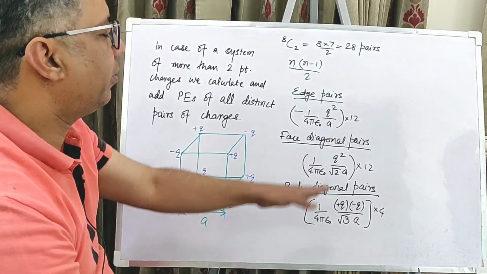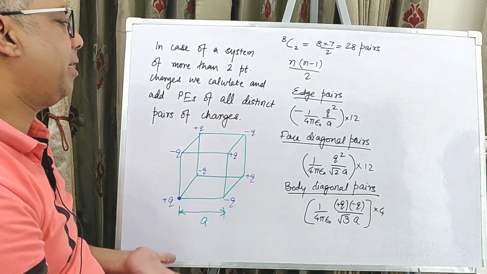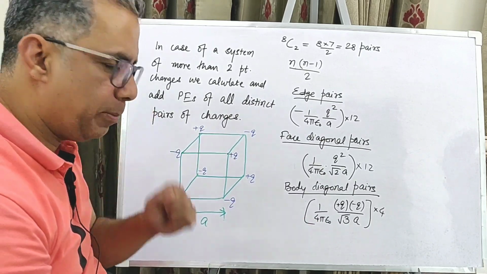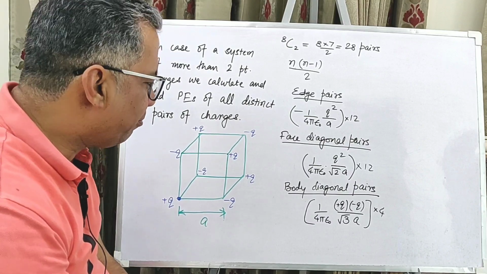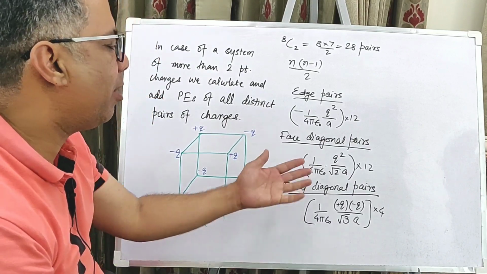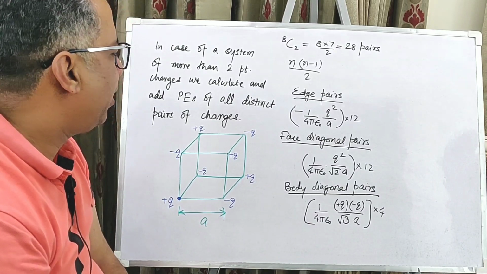And after this, all you need to do is add up all these values and you get the potential energy of this system of charges. So even if you have more than 2 charges, you now know how to calculate the potential energy.